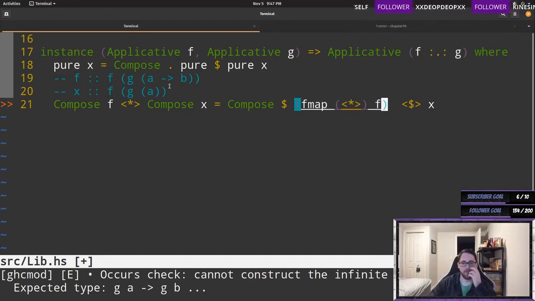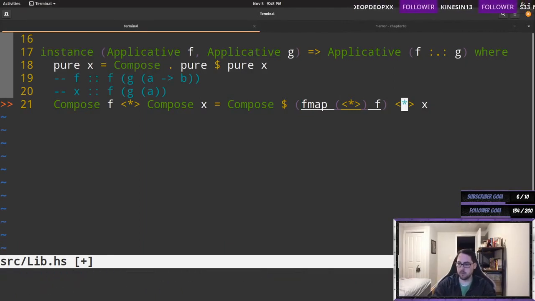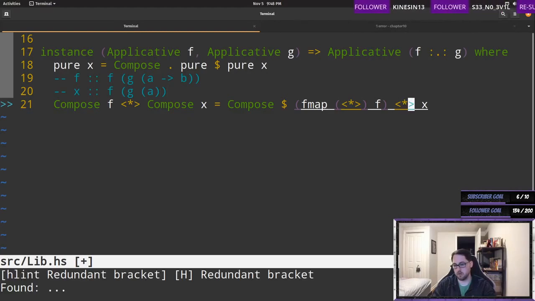All right, so if I fmap apply onto this, there's like another level of fmapping that needs to be done. That's the hard part.